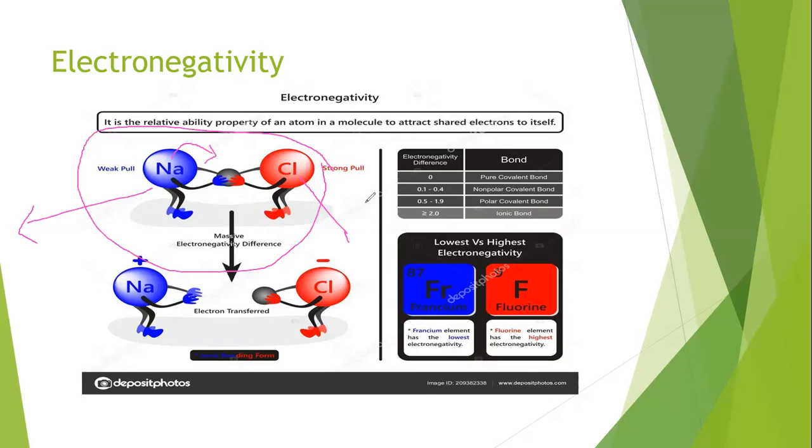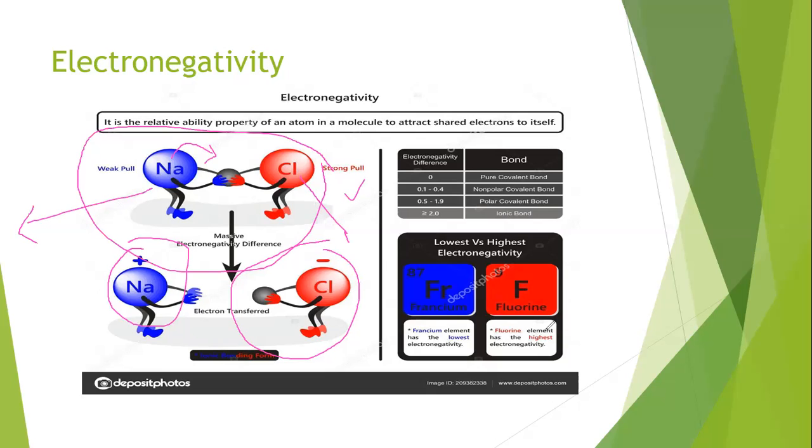So chlorine has a strong pull as compared to sodium, and sodium has a weak pull to keep the electron with itself. That's why sodium loses an electron and becomes a positive ion, and due to the electronegative nature of chlorine, it takes one electron and becomes a negative ion, the chloride ion.